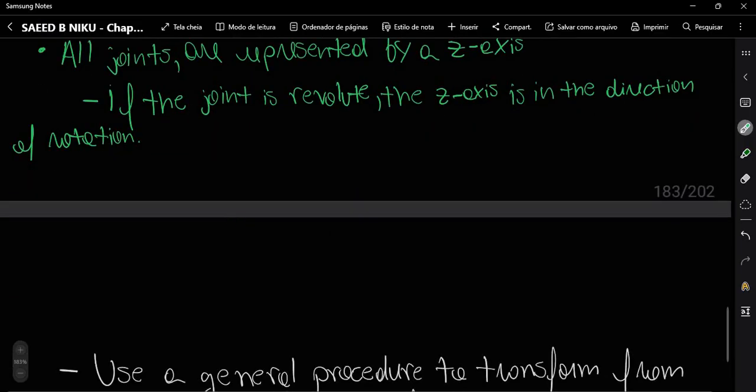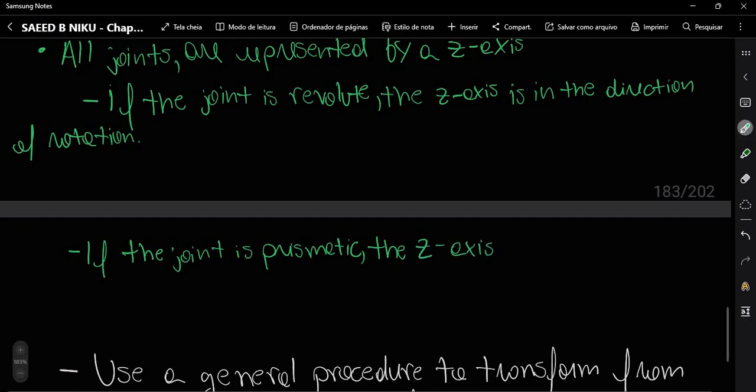And if the joint is prismatic, the z-axis is along the direction of the linear movement.